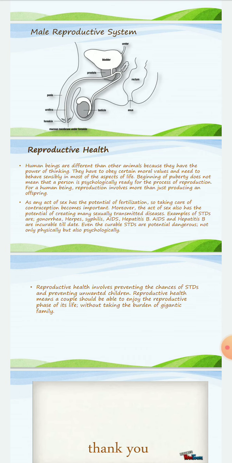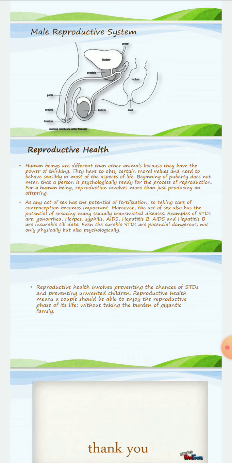Any act of sex has the potential of fertilization, so taking care of contraception becomes important. While having sex, it is very important to use contraceptives. Moreover, the act of sex also has the potential of spreading many sexually transmitted diseases.